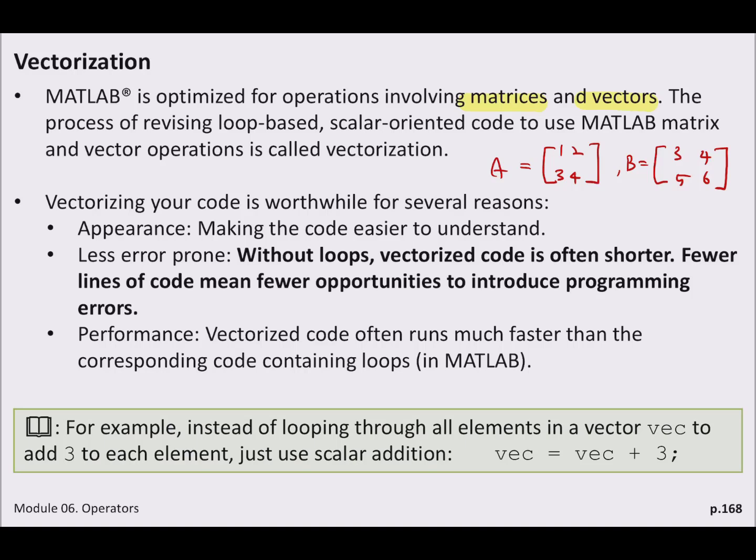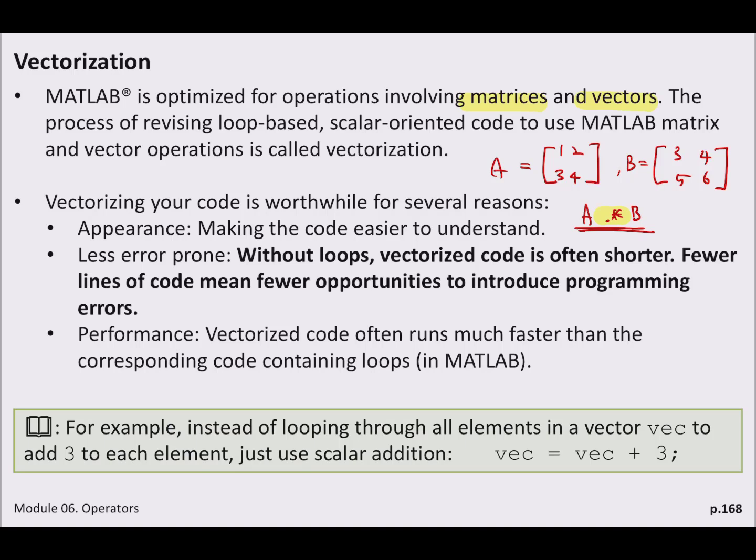But we can do this operation by simply using the dot multiplication, the dot operator. This is a good example of vectorization. So rather than accessing the individual values using the loop structure, we can use this operator to simplify this process. And this operator is already predefined in MATLAB. Okay?